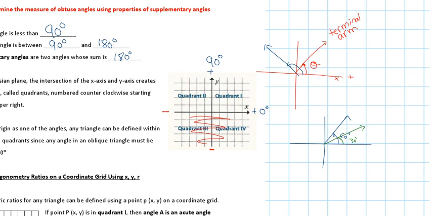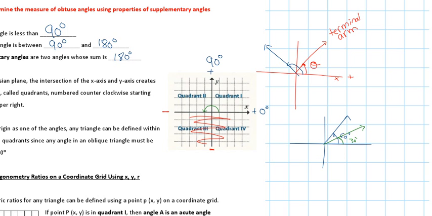Now, then what would we measure at that negative x-axis? What would that angle be at the negative x-axis? 180. Remember, I always measure from the x-axis, right? So if I go from here to here, what's my measure? 180.